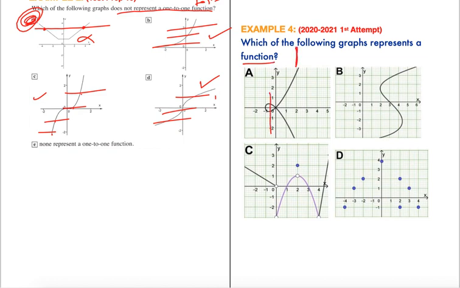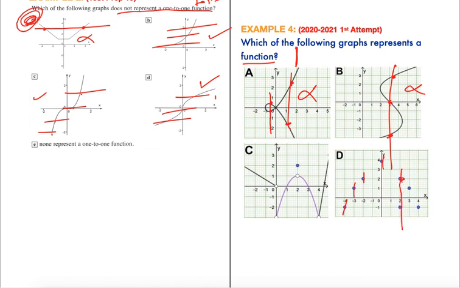Here it is passing through twice, so it doesn't represent a function. Here, it's passing through the graph at 3 different points, so it doesn't represent a function. Here, once, once, once, once, twice.